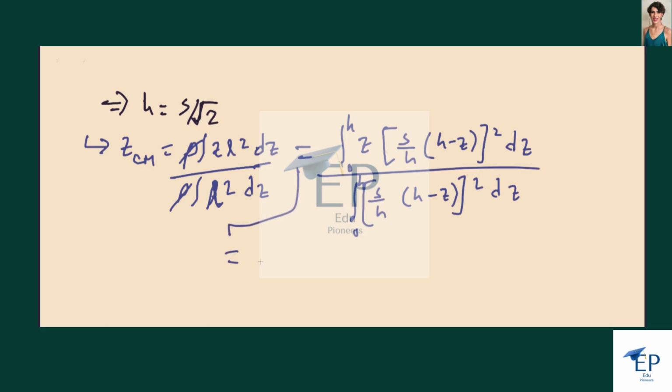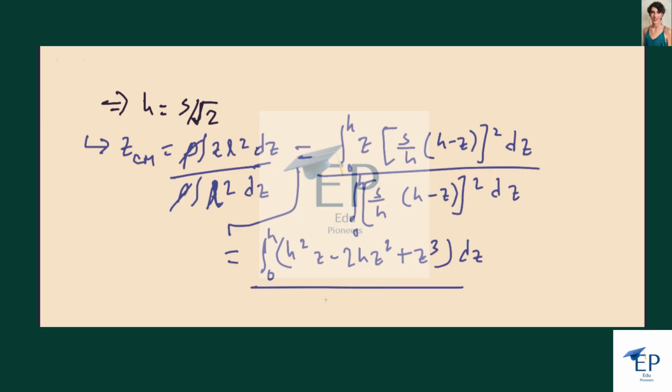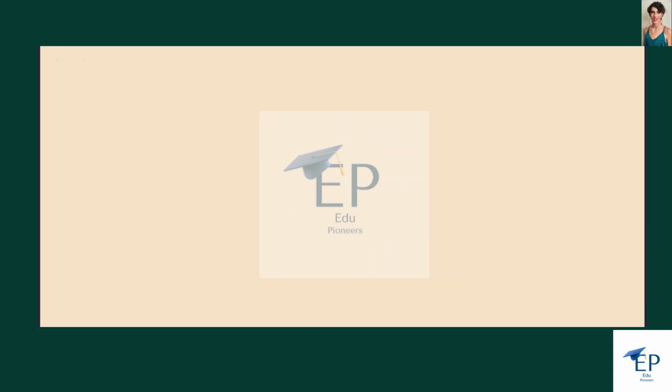Therefore, let's see what that simplifies to, so that the numerator is the integral from 0 to h of h squared z minus 2hz squared plus z cubed dz over the integral from 0 to h of h squared minus 2hz plus z squared dz. All right, so now I'm going to write down what the integrals come out to.